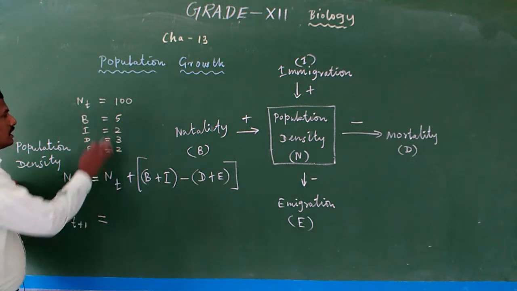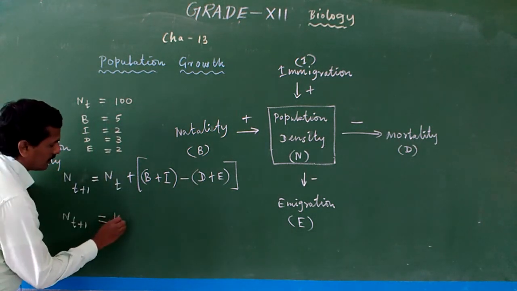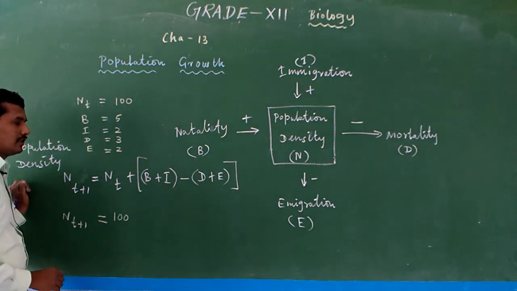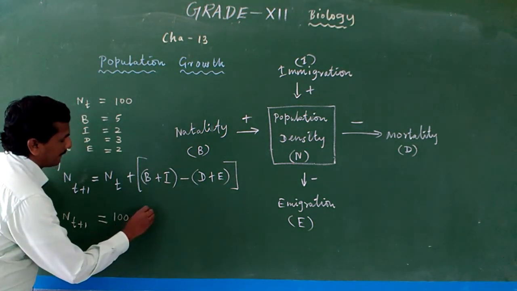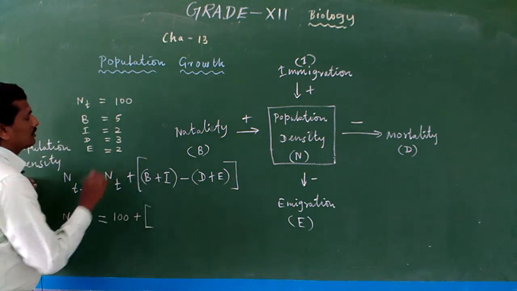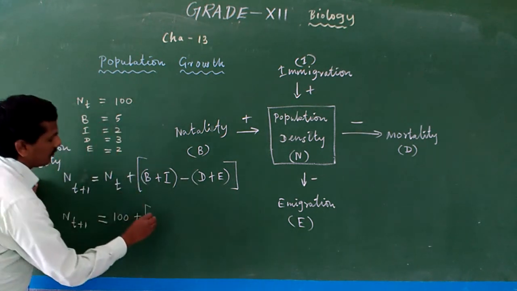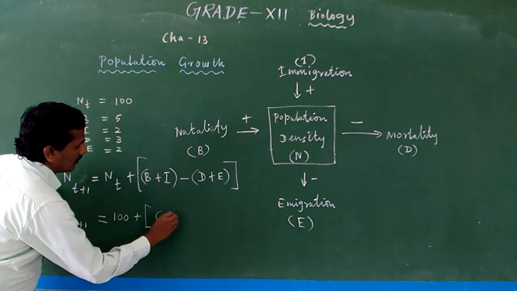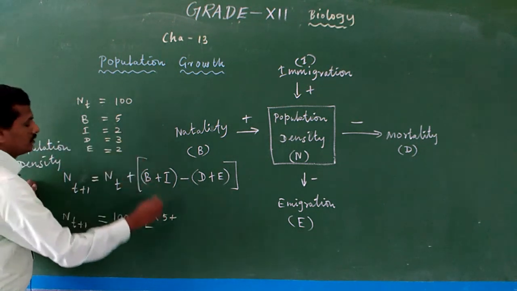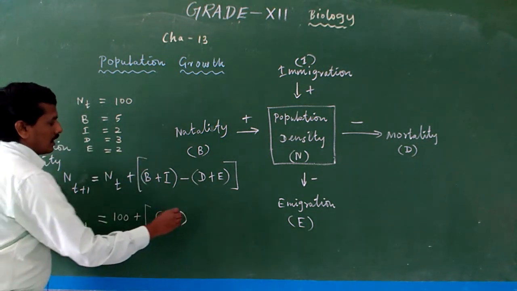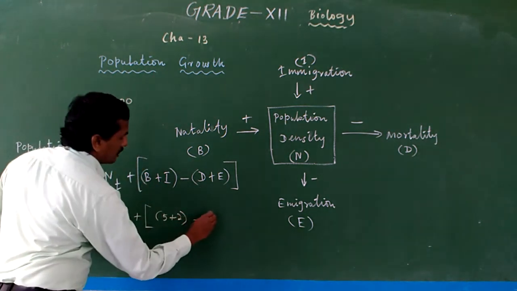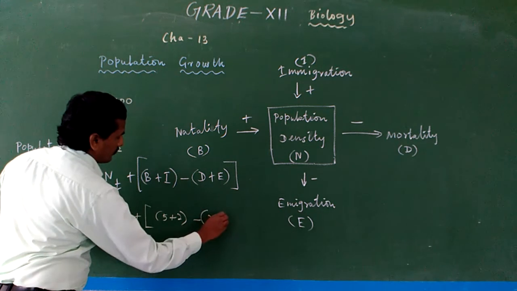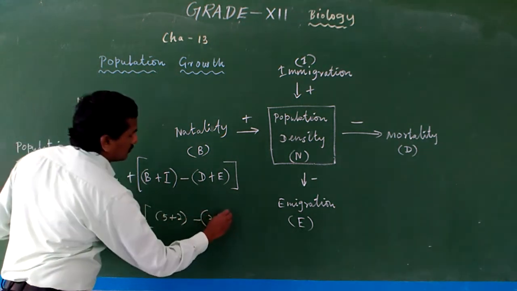Now initial tigers NT is actually 100, initially 100 tigers present in the last year, plus birth, new tigers 5, plus immigrant tigers 2, and minus death tigers 3 in a particular year, and emigrant tigers 2.